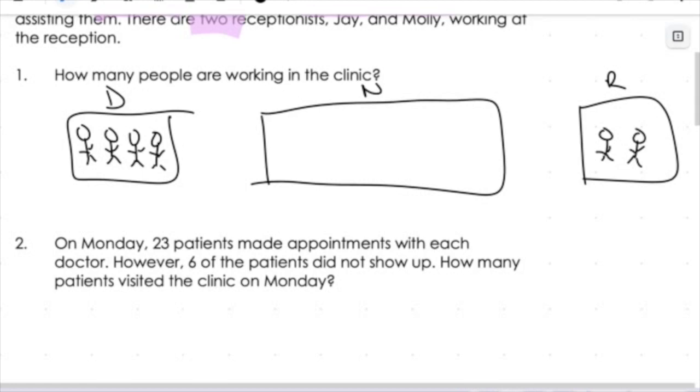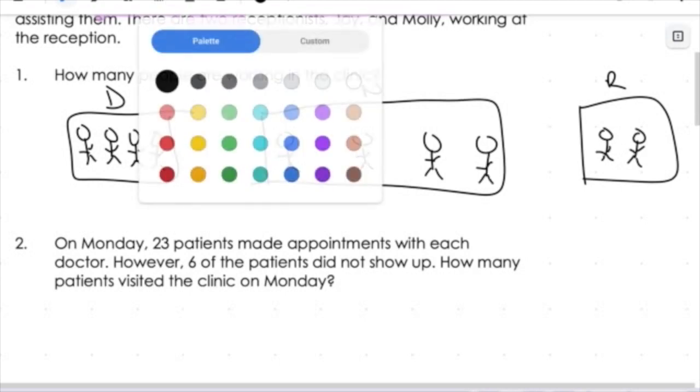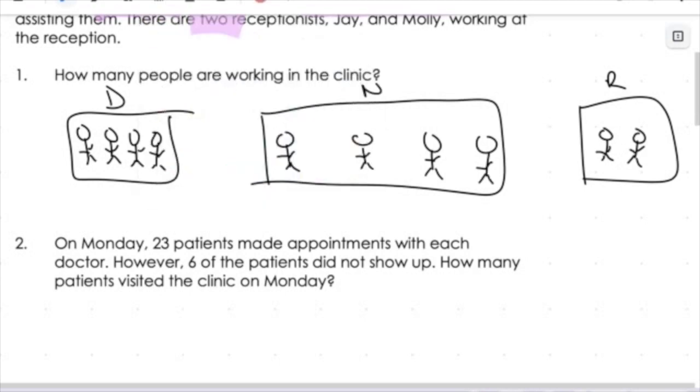So that means we can say that each one of these guys, each of my 4 doctors, has 2 nurses working with them. So 1, 2, 1, 2, 1, 2, and 1 and 2.